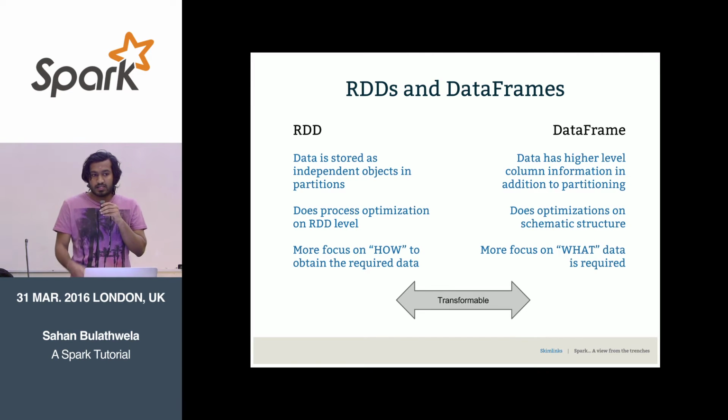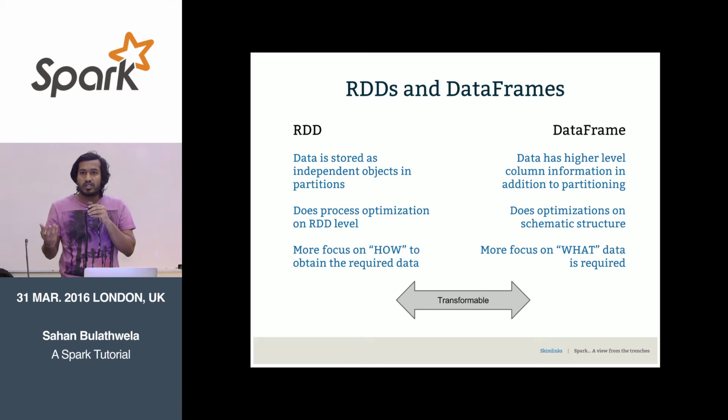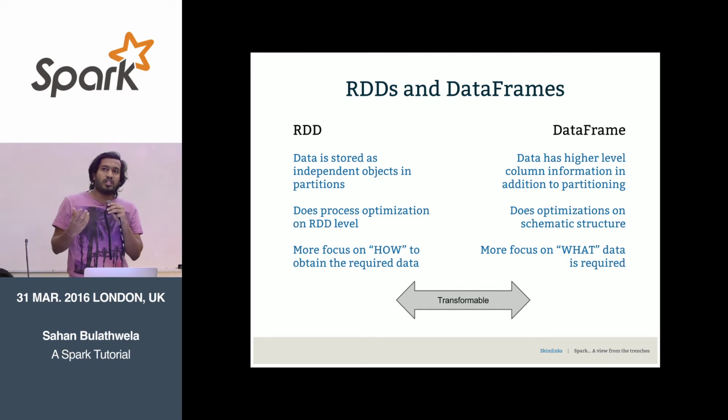Spark knows whether a particular field is an integer, whether it is nullable, and so forth. By having that extra information, whereas an RDD can only optimize the data transformation pipeline, Spark can use this extra information about the data type to further optimize the computation process.